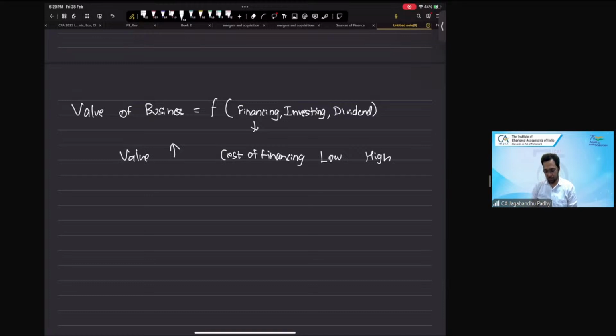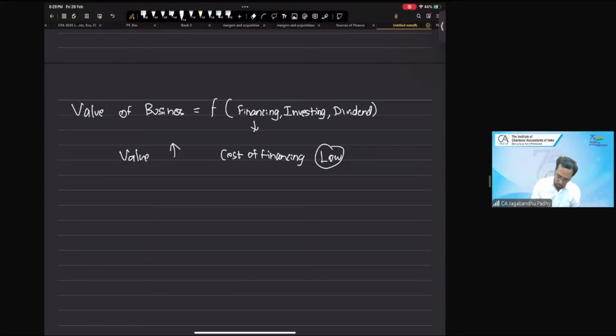If you want the value of a business to be growing, your cost of financing should be high or it should be low? It should be low, definitely. Right? So cost of financing should be lower, because a lower cost of financing will add more profits for the business, which will ultimately lead to an increase in the value of the business.